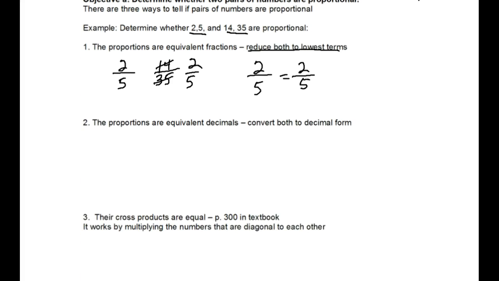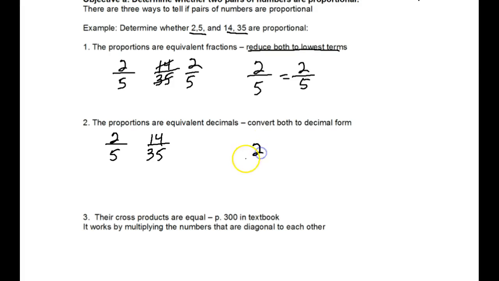The second way is to convert both of the fractions into decimals. So if I have 2 over 5 and 14 over 35, to turn a fraction into a decimal, you take the top number and divide it by the bottom number.